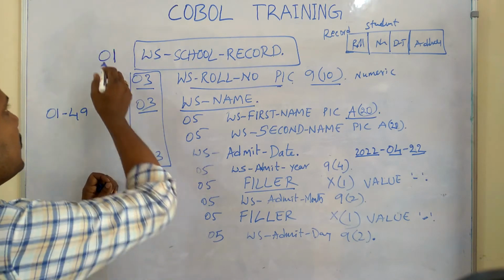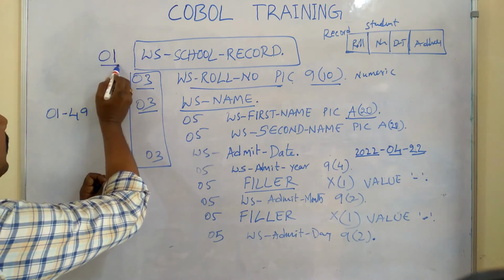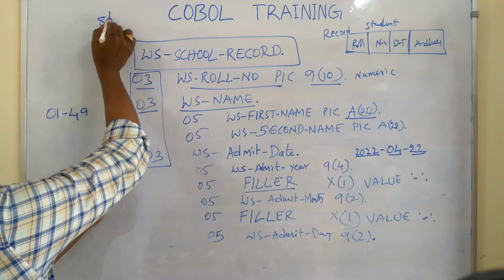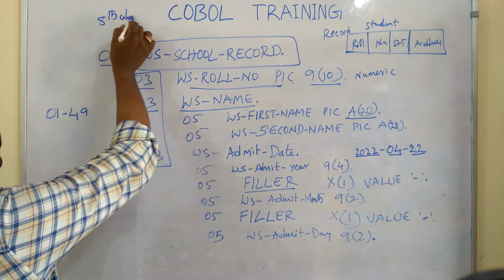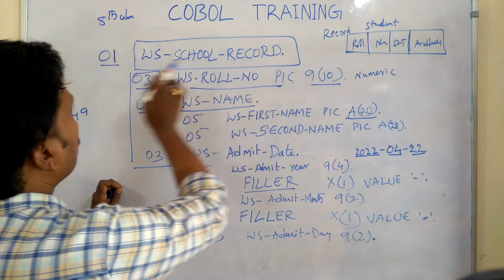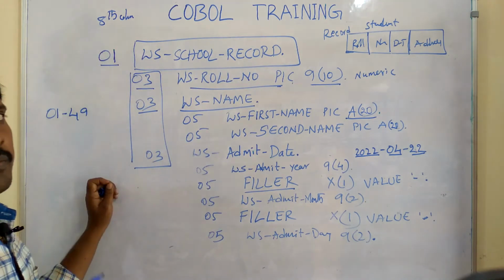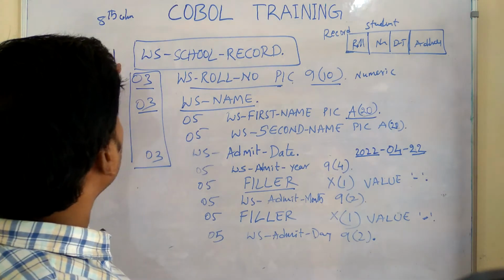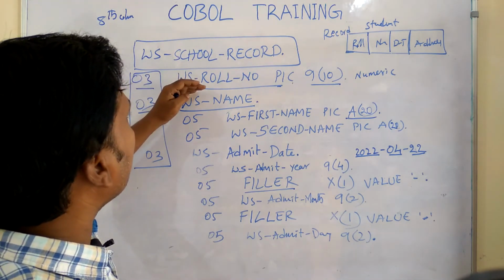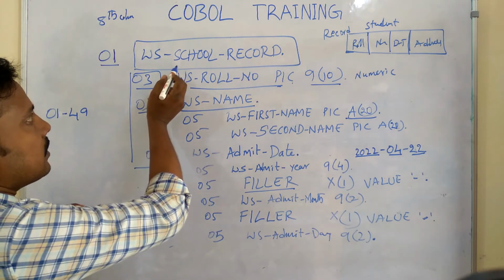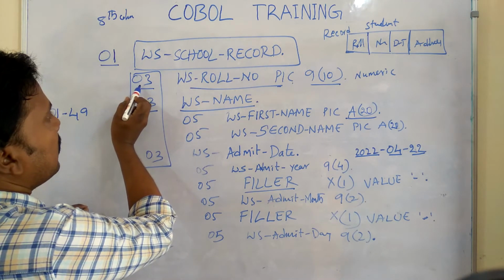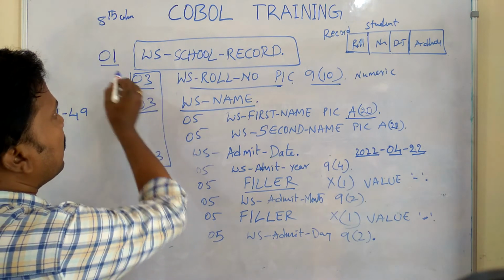If you see the coding sheet, the 01 level should start at the 8th column. That group variable should start with 01 level at the 8th column, and subsequent variable names under this group variable should follow increasing level numbers.